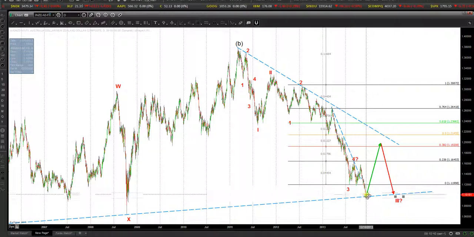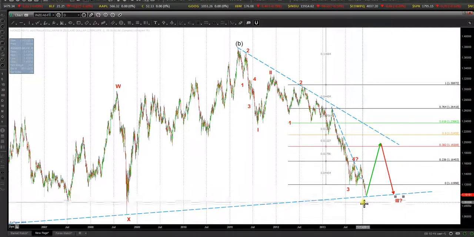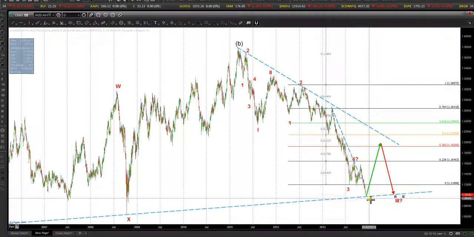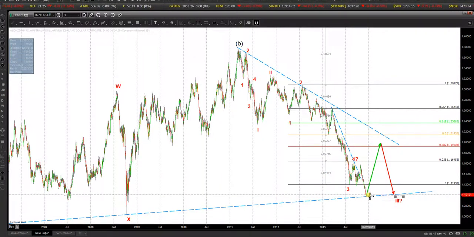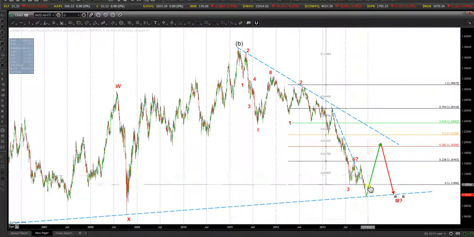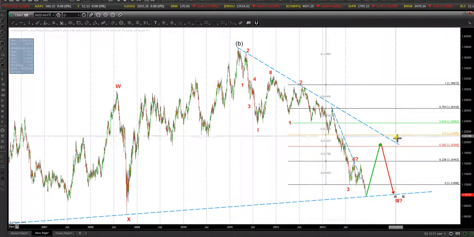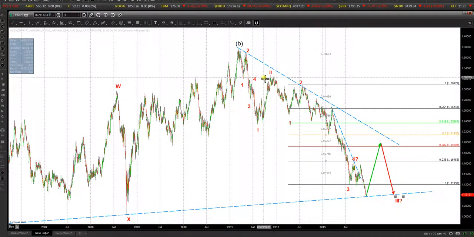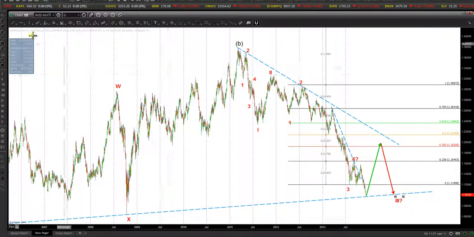Maybe we'll see prices push below and then come back up, just giving us the wick below the trend line, but then the close would be above this trend line. Or we could see a head fake of some sort, but definitely anticipating that that will happen, and then we should see that correction in prices push higher, as a correction is long overdue in this pair.